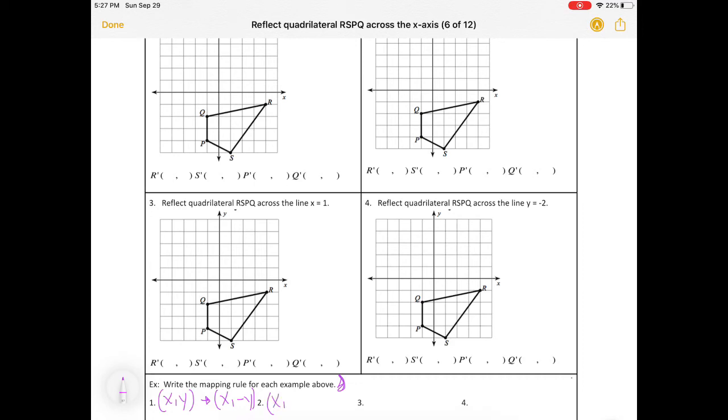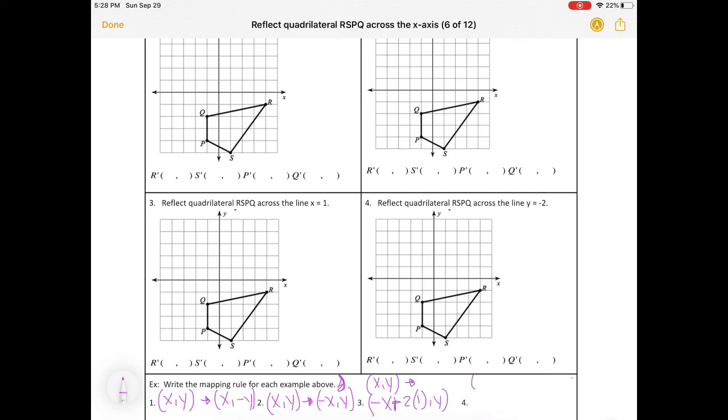For number 2, always start off with x comma y. Okay, that's just your original, whatever the coordinate was. Then it's becoming, it was a y axis reflection, which means x's change, y stays the same. 3 was that one where it got a little more complicated. So x comma y, we had a reflection on the y, so it makes it negative x, and then we gotta do that complicated part, so plus 2 times 1, and y stayed the same, okay?